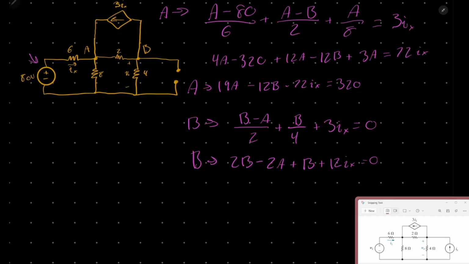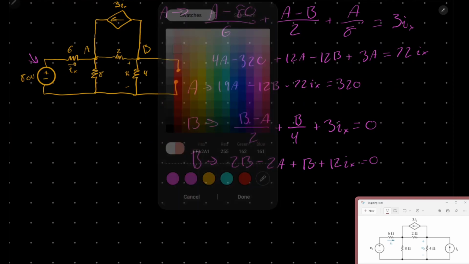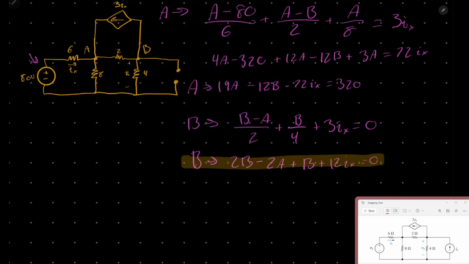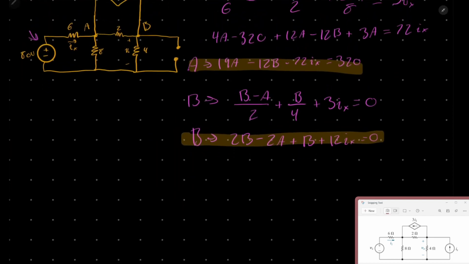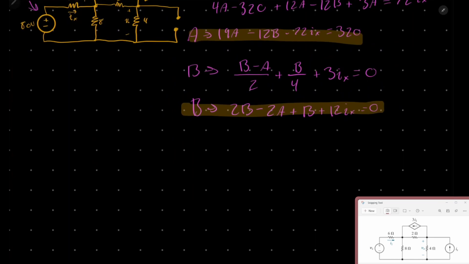So here are our two equations that we are going to use to put into our matrix. So I'll just write out the matrix that I'll be using right here. 19, negative 12, negative 72. Oh wait, there's one more step I forgot.